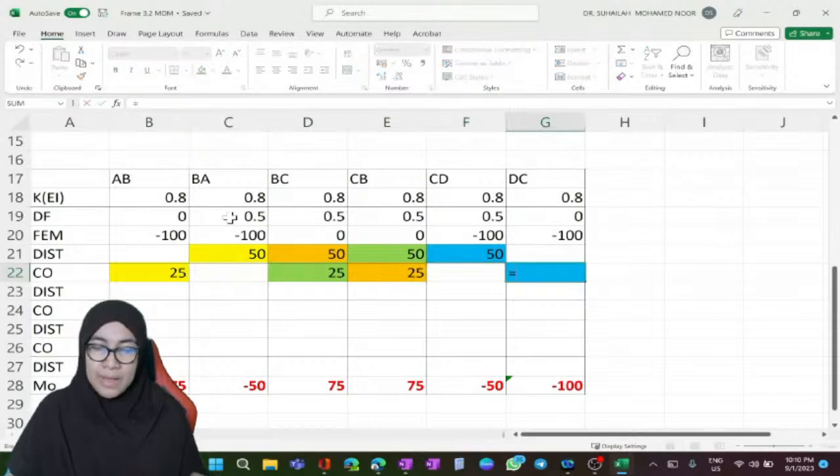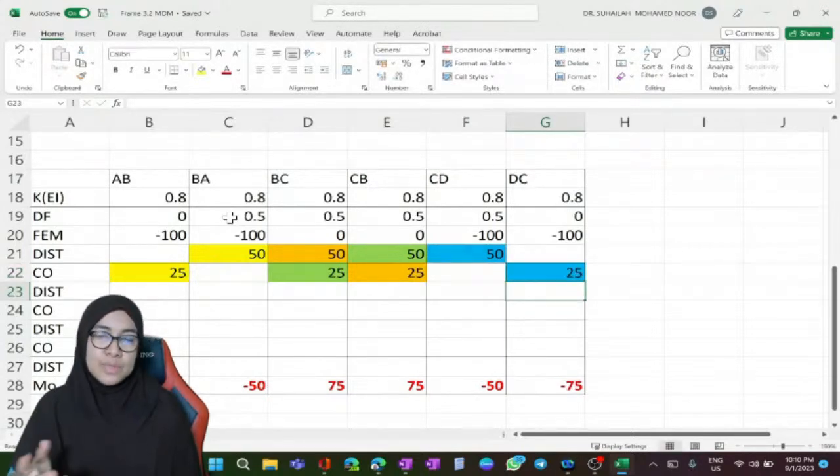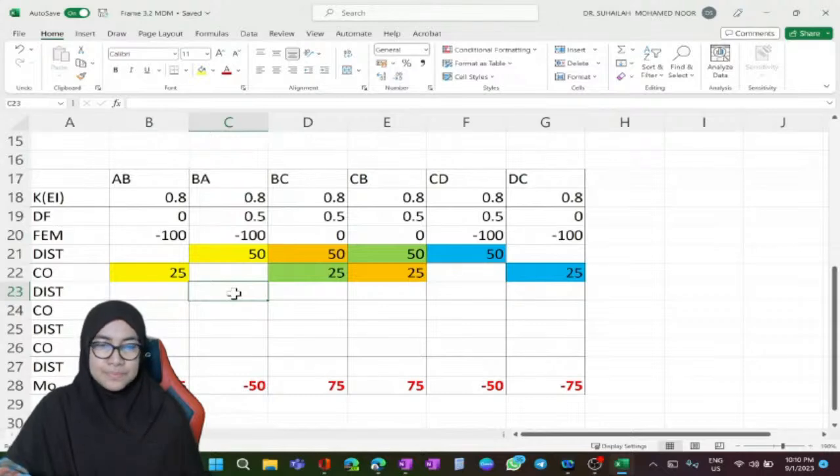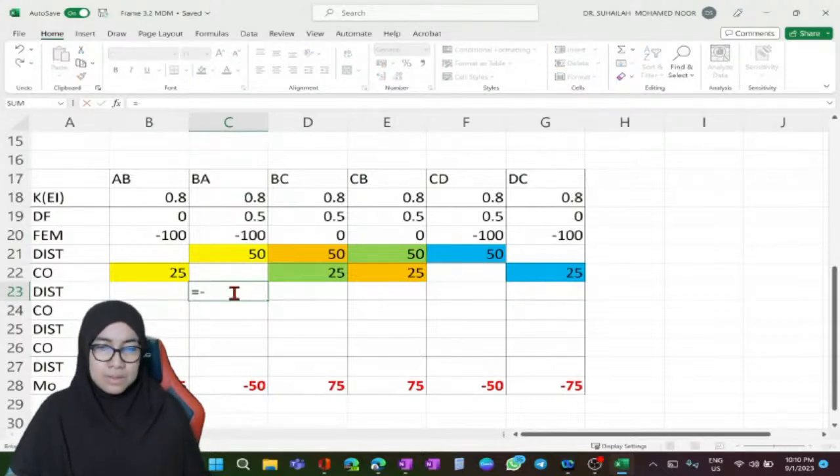So we have to carry the value. It is 50 divided by 2. So we get 25. So we repeat the process again. Times with factor.